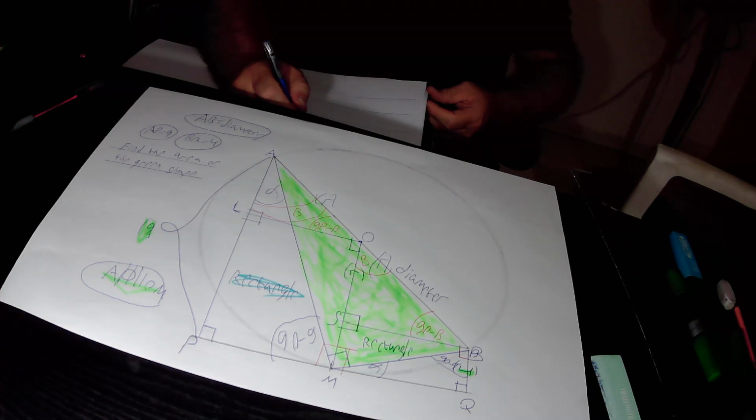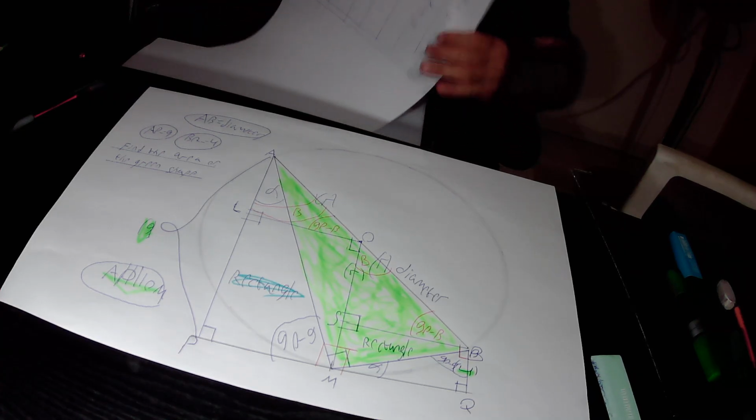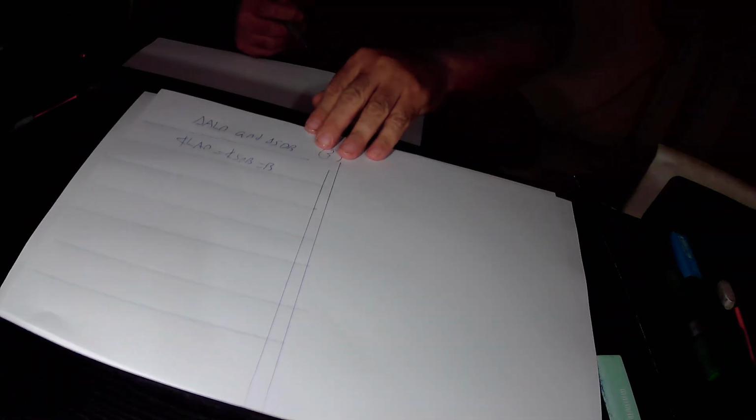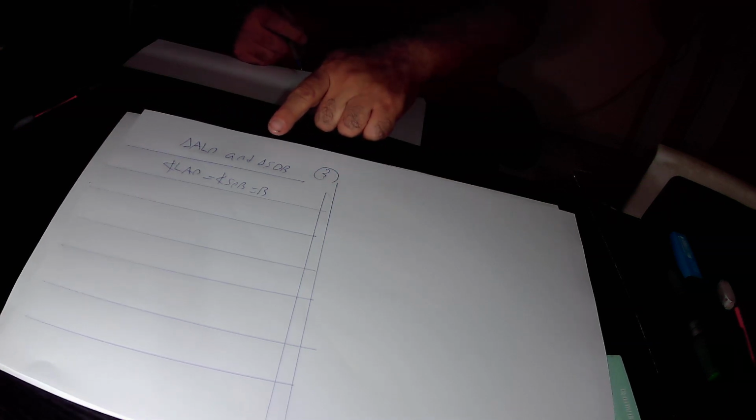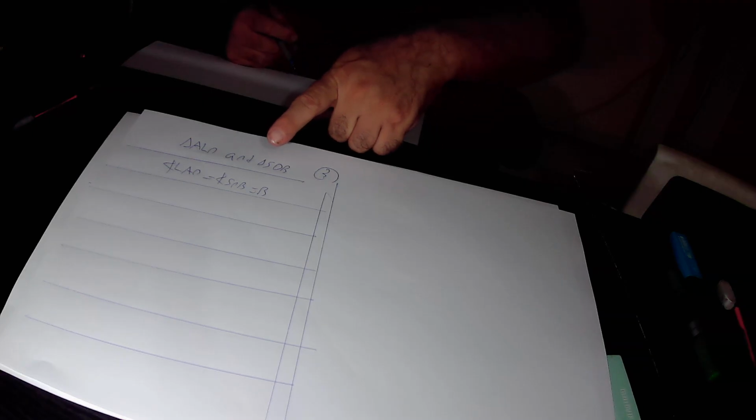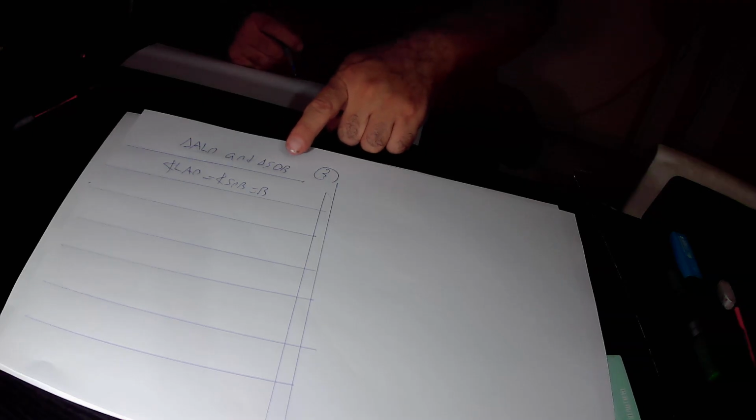Angle LAO in the right triangle ALO is equal to angle SOB in the right triangle SOB. They are both equal to beta and therefore they are equal to each other.